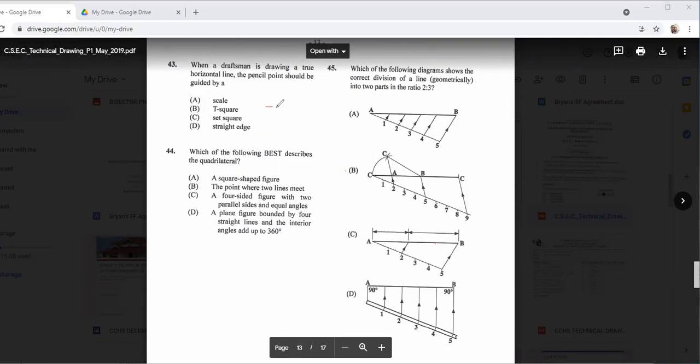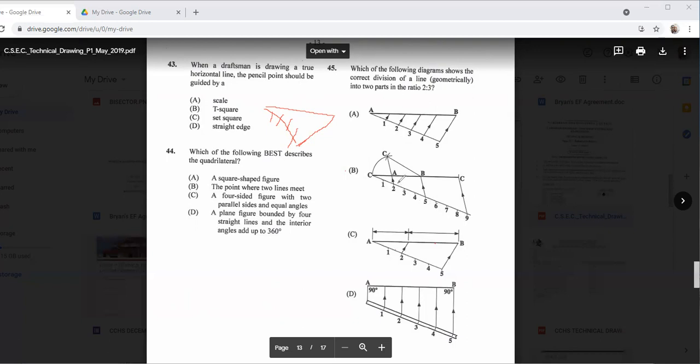So you'd first draw the line, then draw a line from there, random length, then divide this line, in that case, into 5 equal parts. Then you draw from the last point to here. Then use your set square to draw parallel lines across.